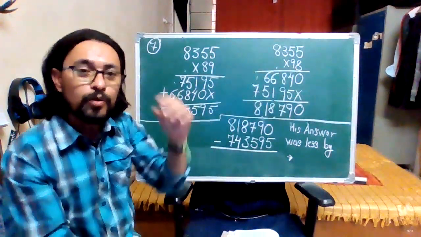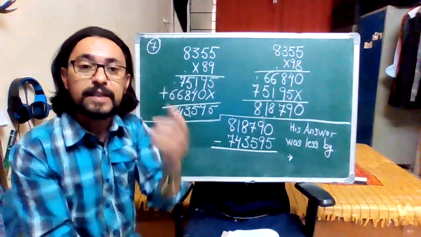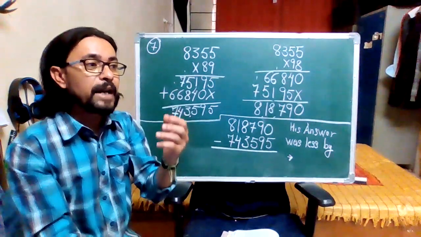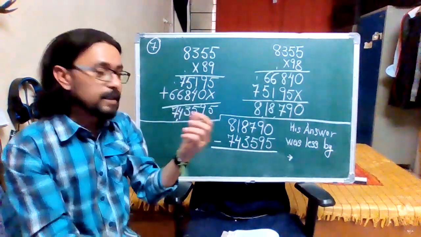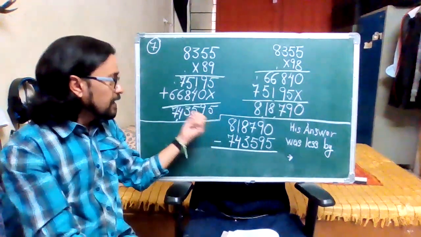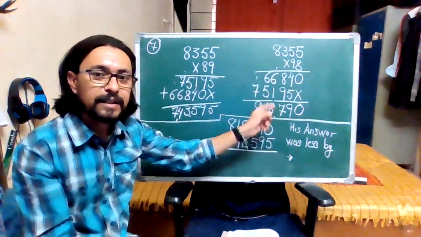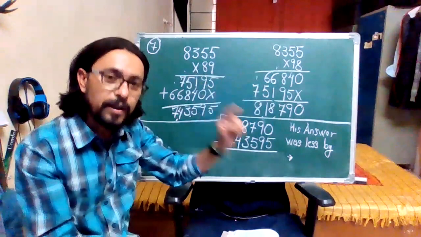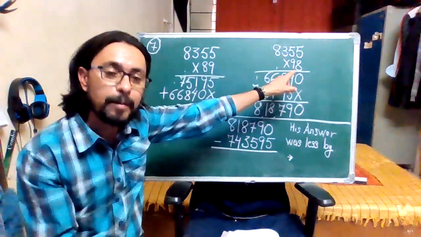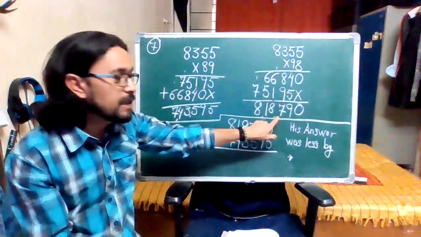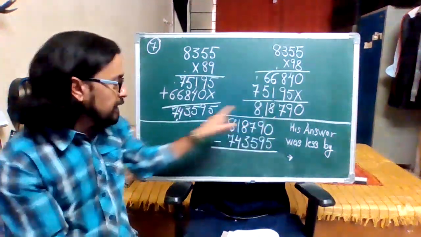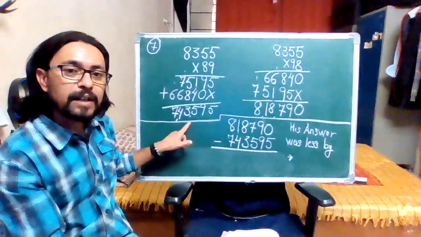So in order to know how much the difference is, or by how much was his answer less than the actual answer, the actual answer would be the answer that he should have got by multiplying it by the right number. This is the actual answer, and this is the wrong answer.